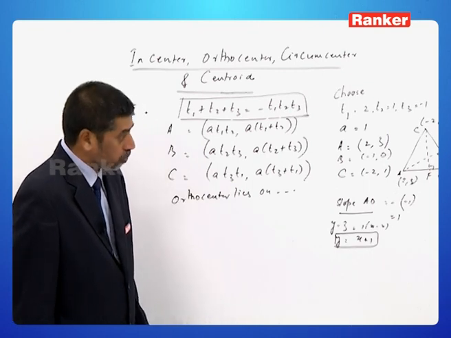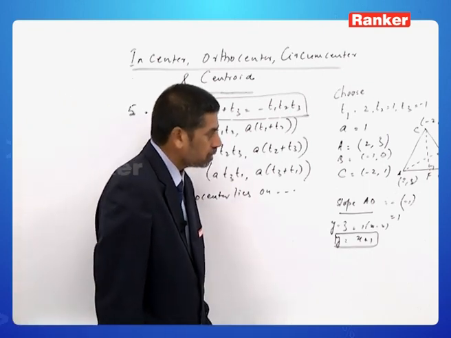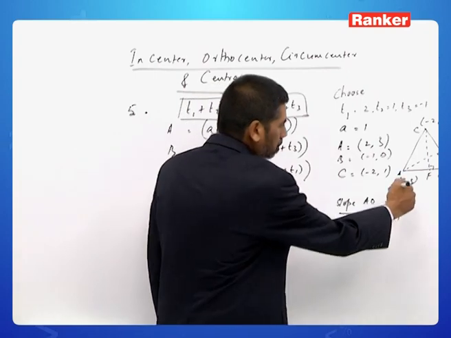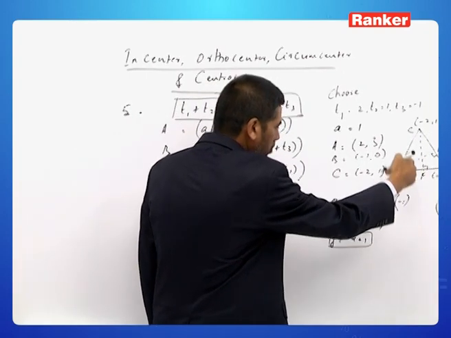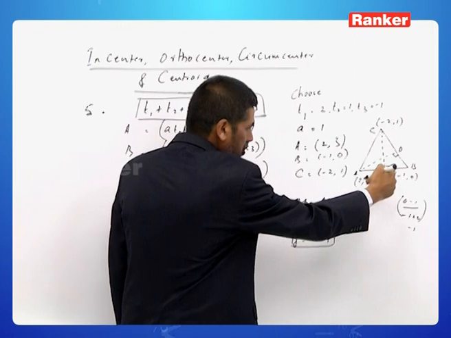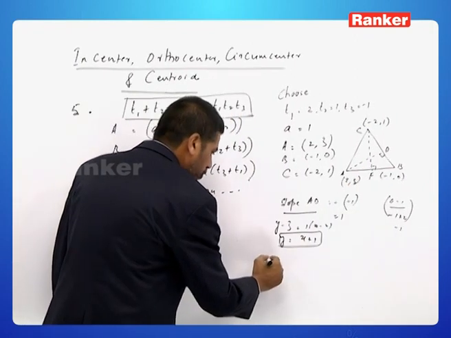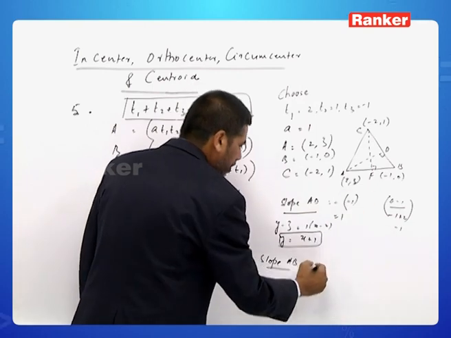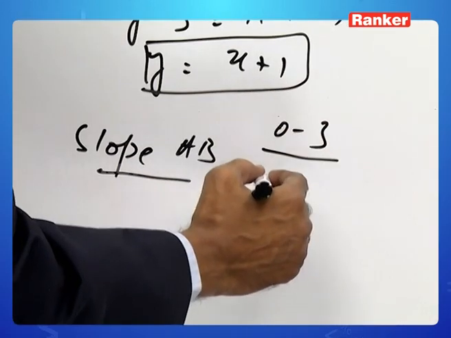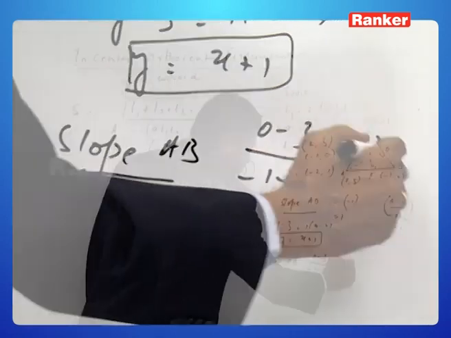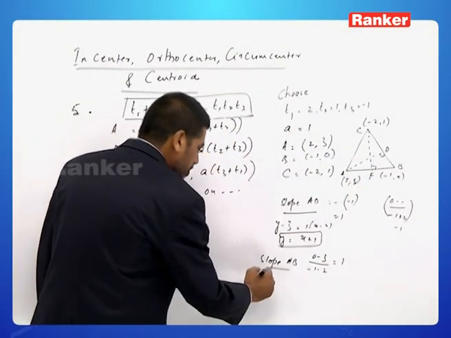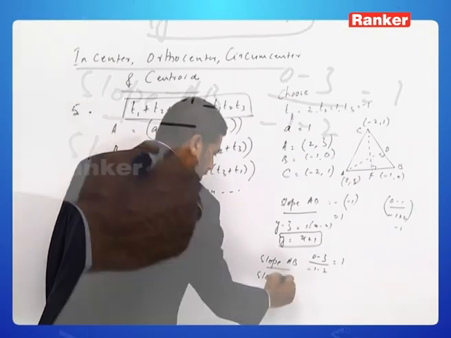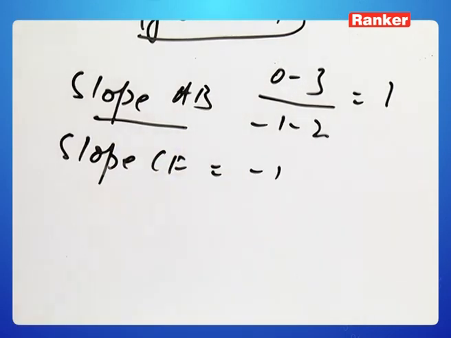Let us also look at the slope of CF now, but the slope of CF requires the slope of AB. So, what is slope AB? Slope AB will be 0 minus 3 by minus 1 minus 2. So, therefore, this becomes 1. Therefore, slope CF will be minus 1.